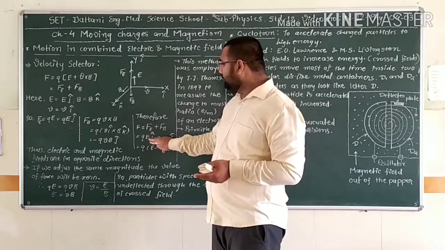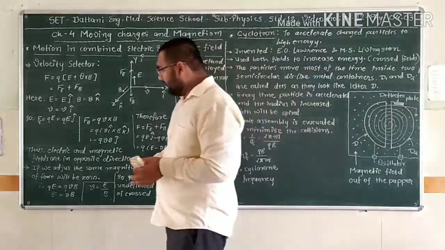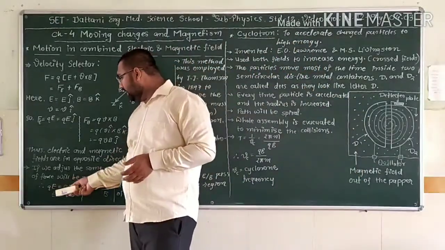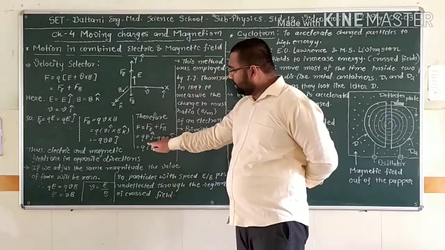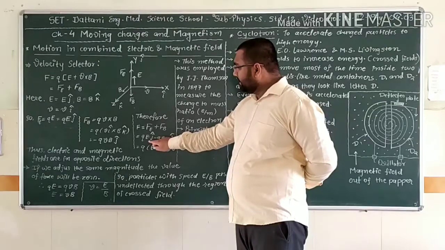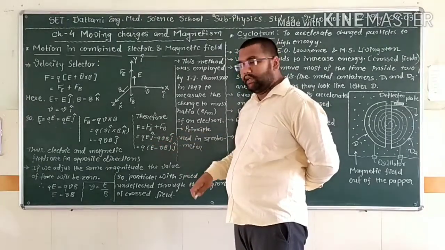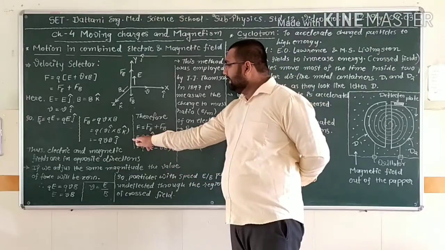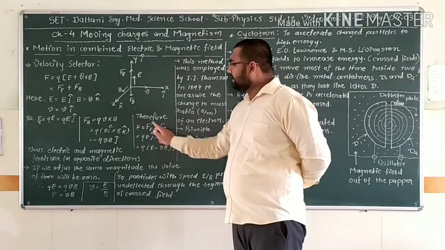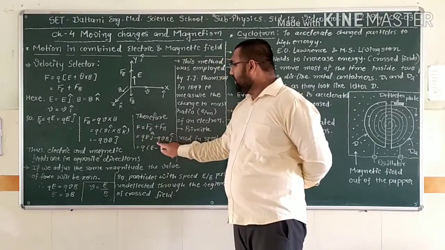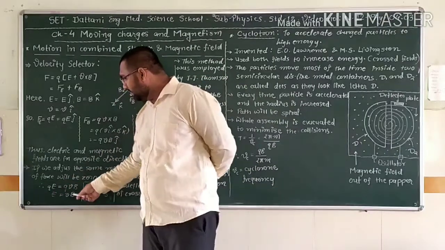That means these both forces will be equal. So we can write qE equals q into vB. If the value of qE j caret and qvB j caret is the same, then F equals 0. So if minus qvB changes the direction, then qE equals qvB.